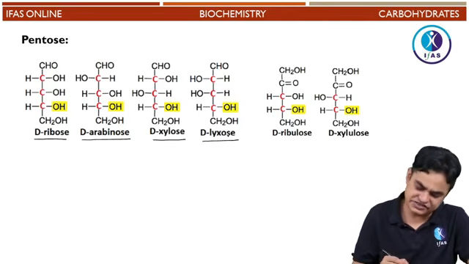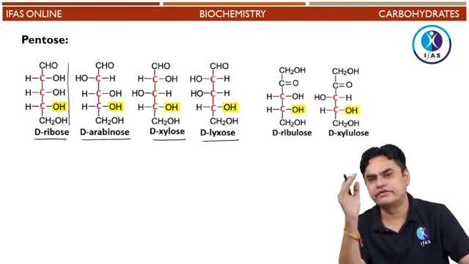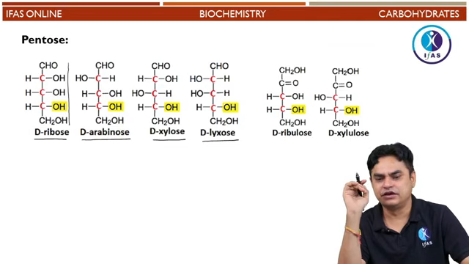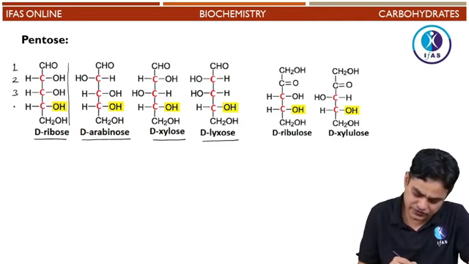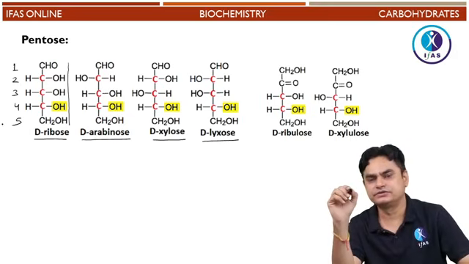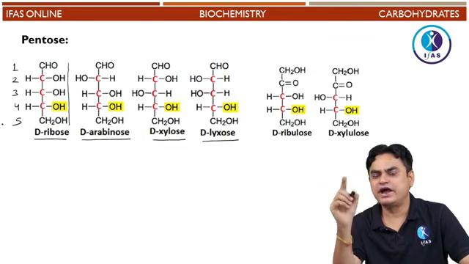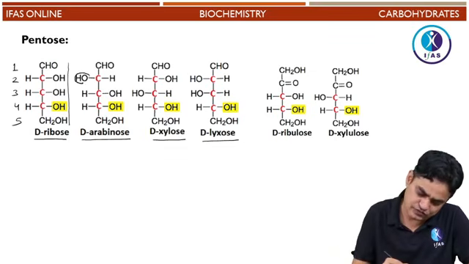If you are interested in the structure, then you find that in D-ribose all the OH groups are on the right side. In arabinose, with carbon 1, 2, 3, 4, 5, the OH group at carbon 2 moves to the left side.